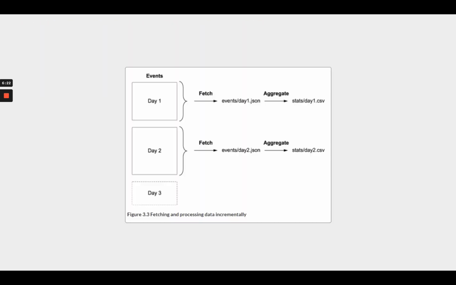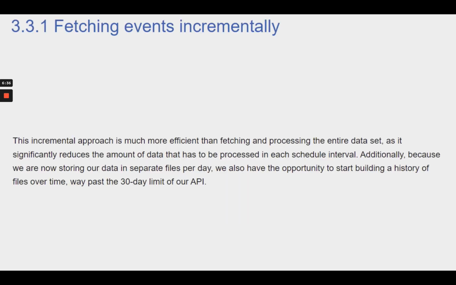Section 3.3.1, Fetching Events Incrementally. One way to solve these issues is to change our DAG to load data incrementally, in which we only load events from the corresponding day in each schedule interval and only calculate statistics for the new events. Figure 3.3.